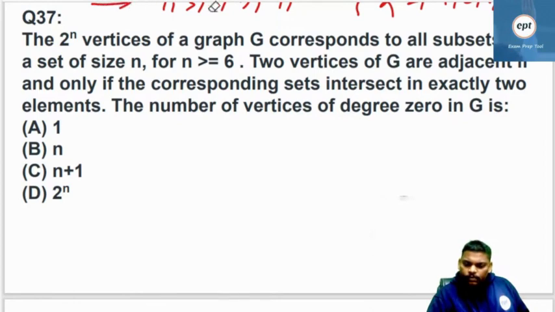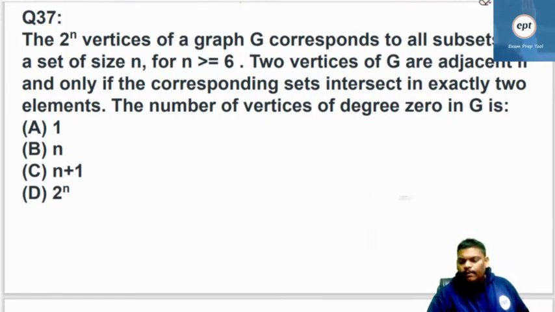Can you try this? Yeah, 37, what is the answer?